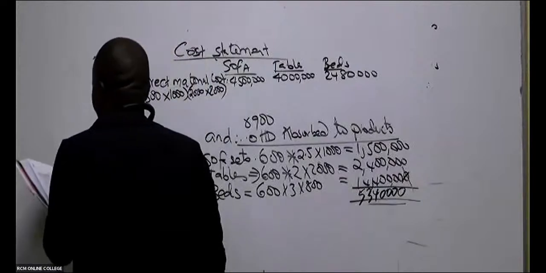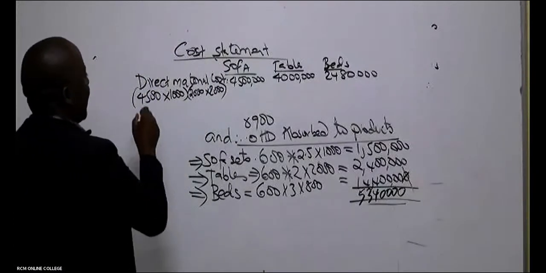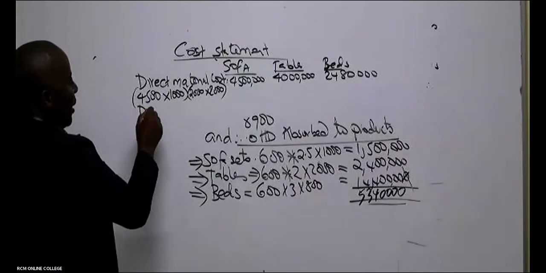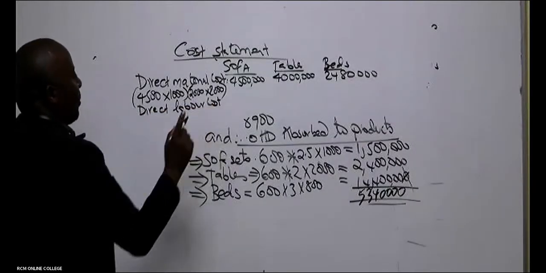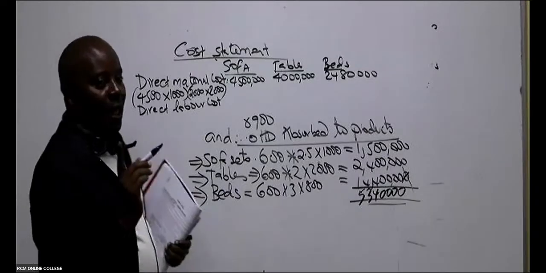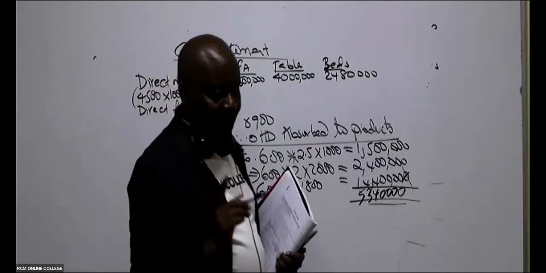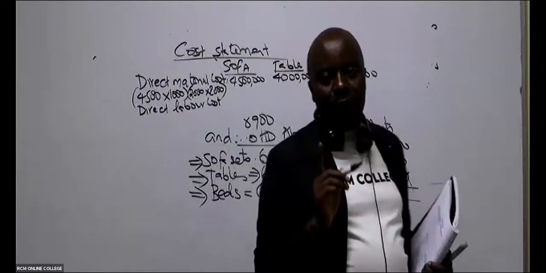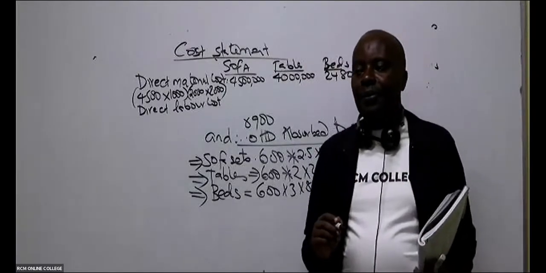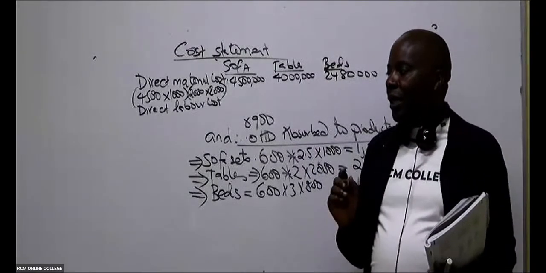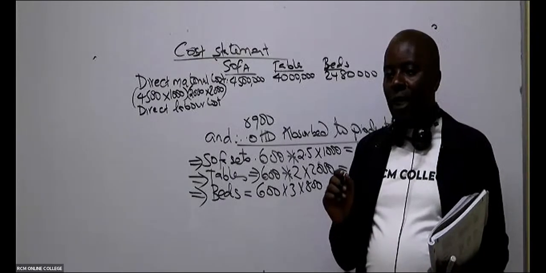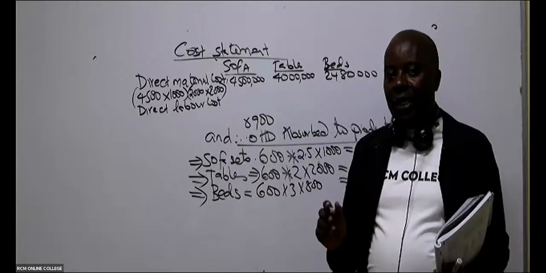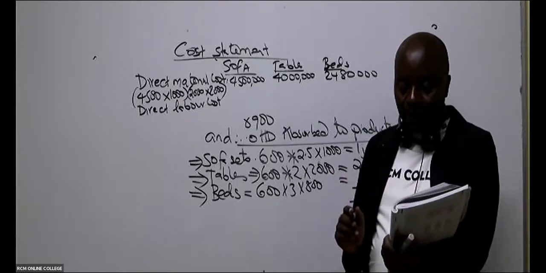From there, we go to direct labor cost. So is there somebody who can use this abracadabra to give me the direct labor cost for sofa set? Because I know direct labor cost is a function of labor hours and the labor rate.